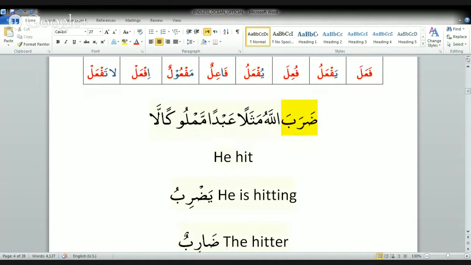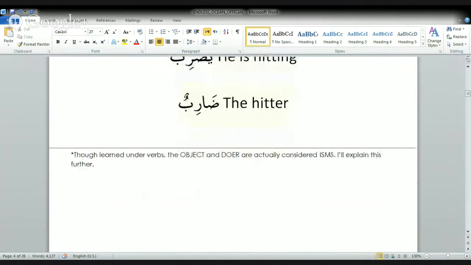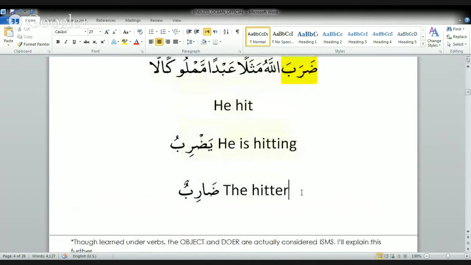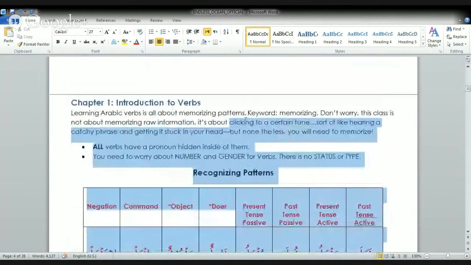Now, I'm going to give you some background information about verbs. So we're going to go over it. One second. I'm going to put something here. Actually, I'm going to copy all this.